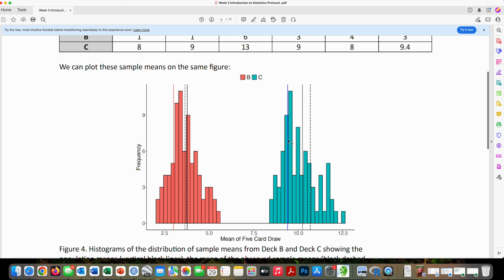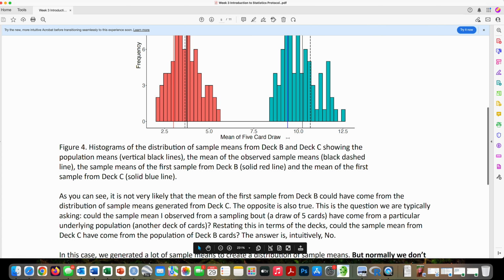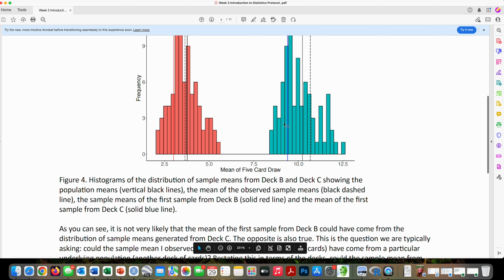And we can see that those are not necessarily very close to the population mean at all. But what you should note is that this red sample mean is very unlikely to have been generated from the same population that led to this blue distribution of sample means. This blue line here at 9.4 is very unlikely to have been drawn from the population of red cards, Deck B here.